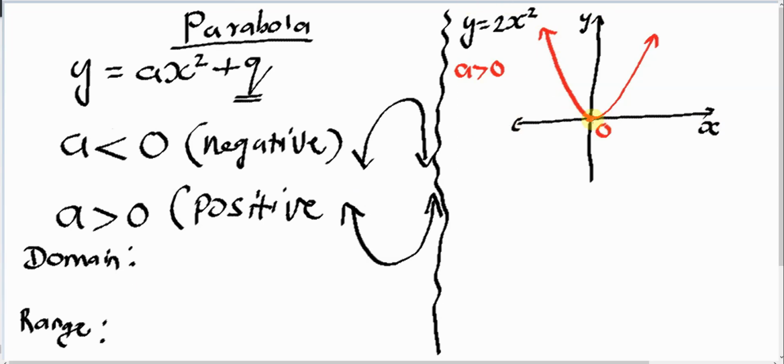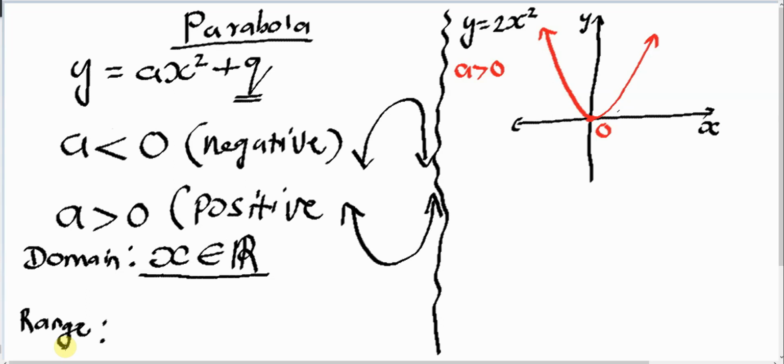Even if you move from the origin to the right, your graph will also have a shape there until positive infinity. So to write the domain of a parabola, it will be similar to writing the domain of a straight line function, and you simply say x is an element of the real numbers. That's it.